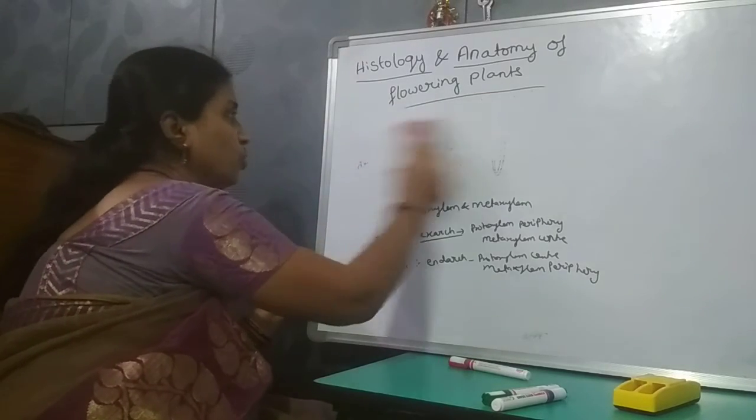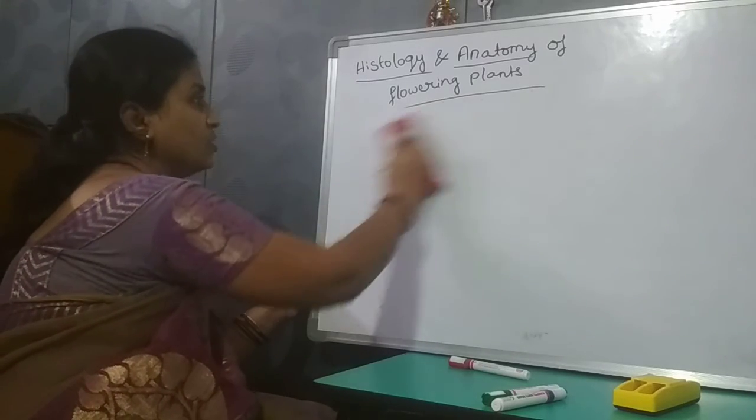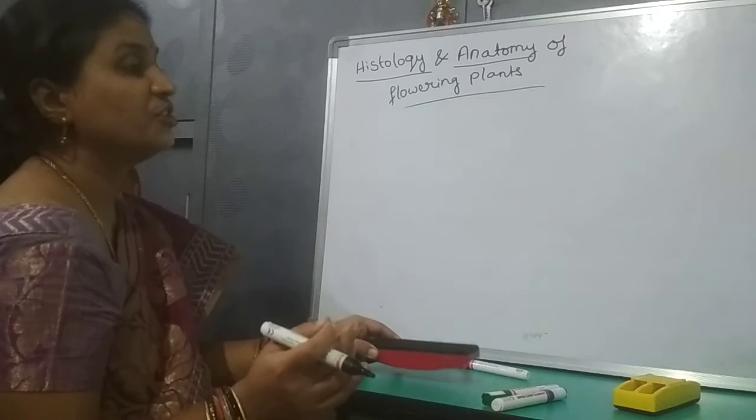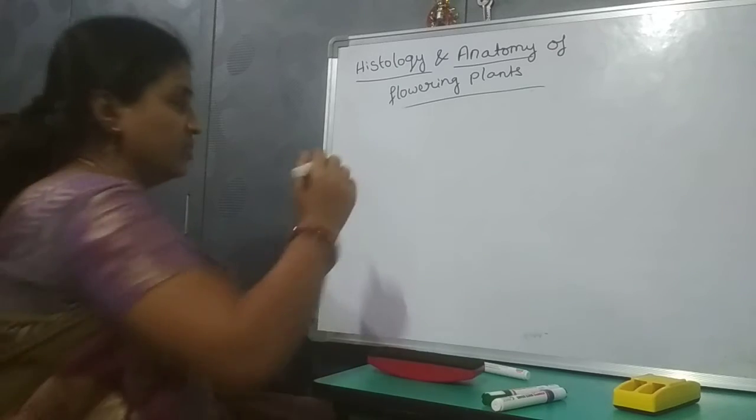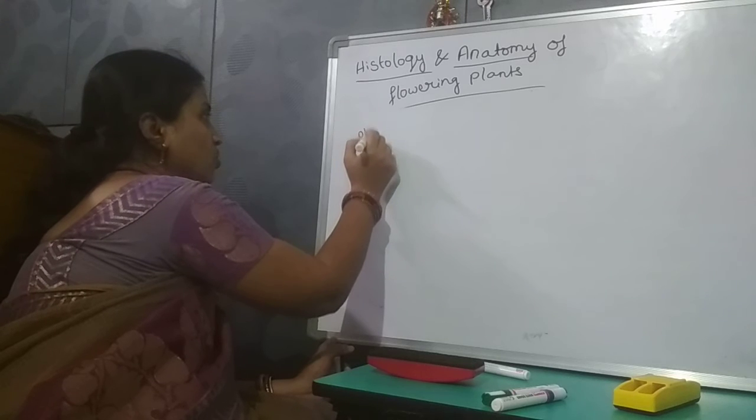Okay, coming on to phloem. Another complex tissue, phloem. Phloem is a vascular tissue which is useful for the conduction of food materials from the leaves to all the parts of the plant body.